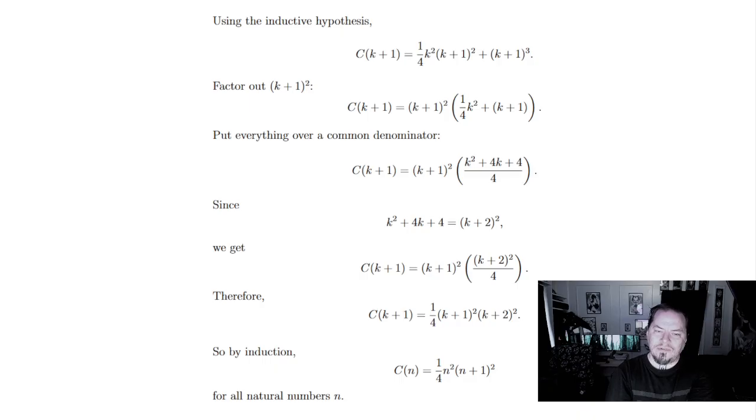So almost the exact same thing. We factor out a (k plus 1) squared, and then we have to maintain our over 4 so we can keep it in the same format, and put everything over the common denominator. And at this step, we already have pretty much the same format as what the question was asking.